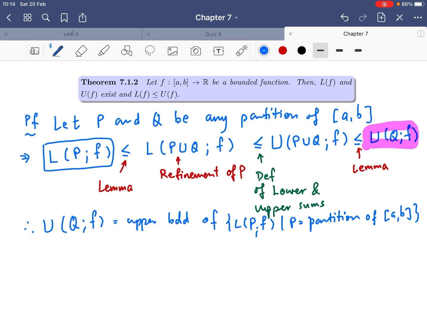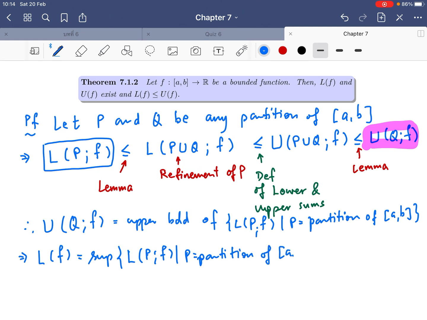So it means that your lower integral L(f), which is the supremum of all lower sums over any partition of [a, b], will of course be less than or equal to this upper bound, right?